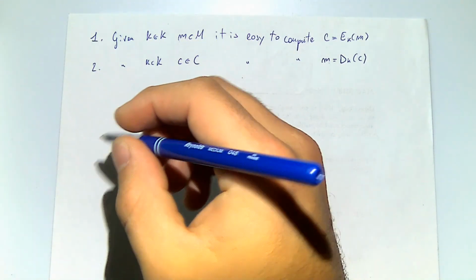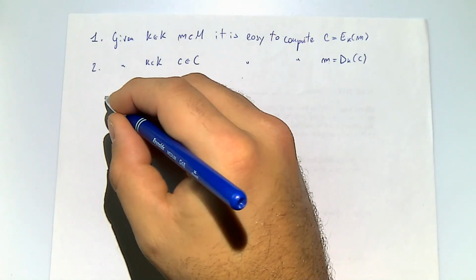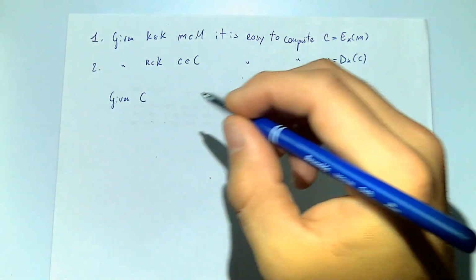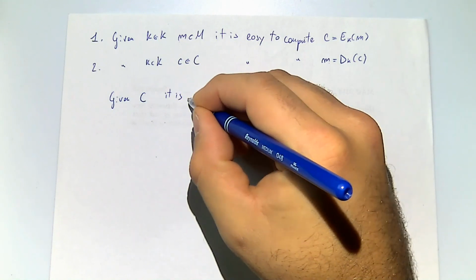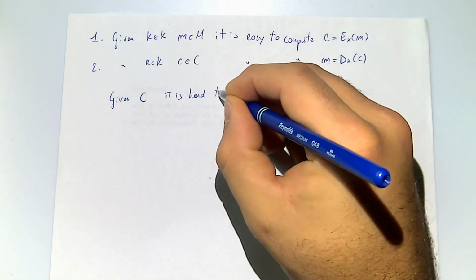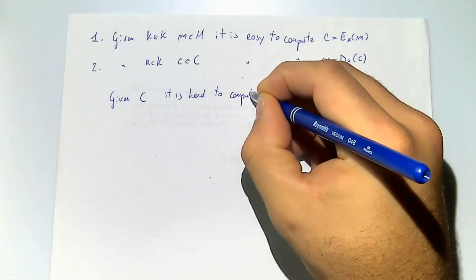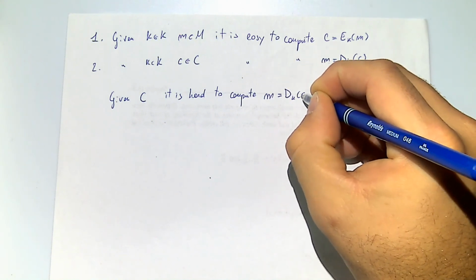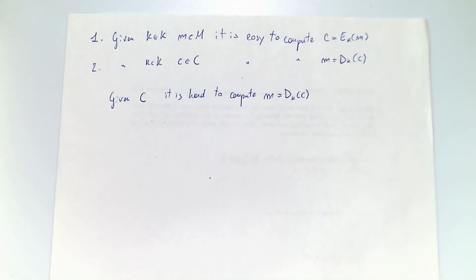Very roughly, and we can formalize that later: given C, it is hard to compute M. So given just a ciphertext without the key, you shouldn't be able to recover the plaintext.